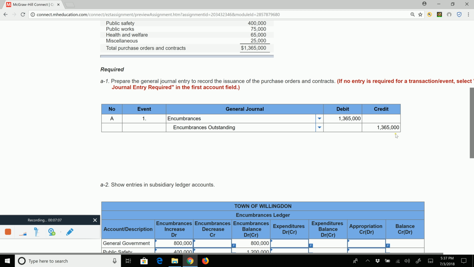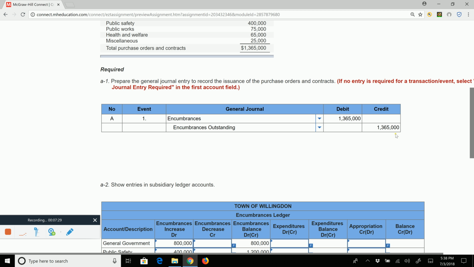Let me just reiterate what these accounts are. The encumbrance account is the pre-expenditure. It's the step before the actual expenditure. And the encumbrance balance reduces the available budget, just like an expenditure would. So this is the first step.